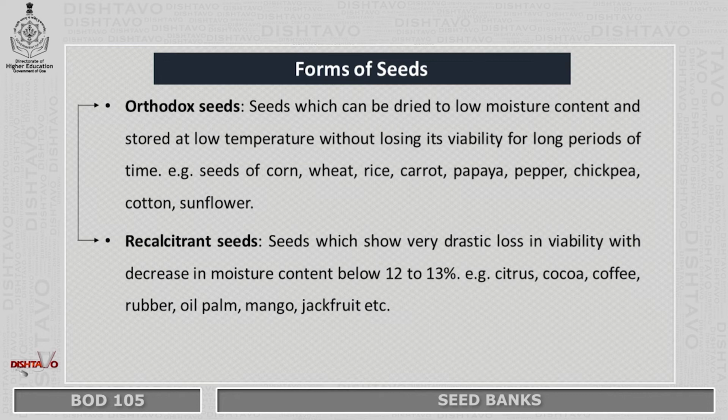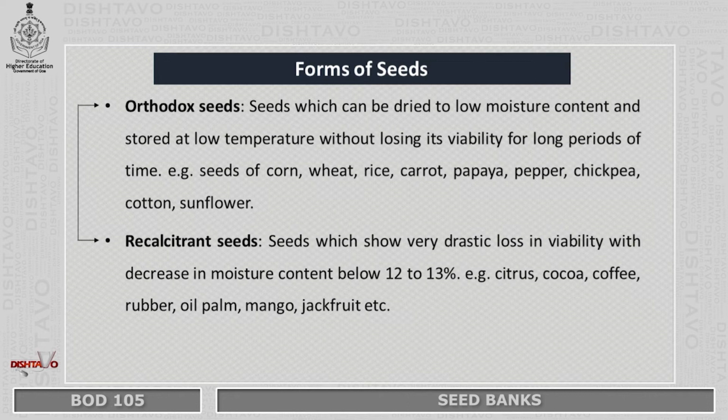Example: seeds of corn, wheat, rice, carrot, papaya, pepper, chickpea, cotton, sunflower. Now, these orthodox seeds, like the examples that I've just said, we all know can be dried and dehydrated, and then after a long period of time they can be germinated.